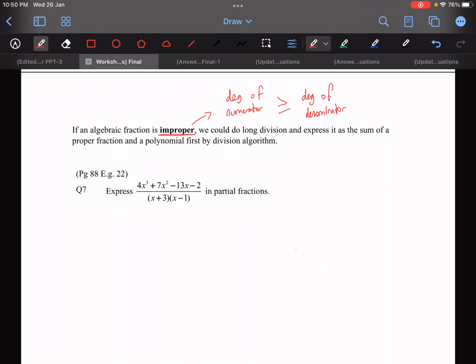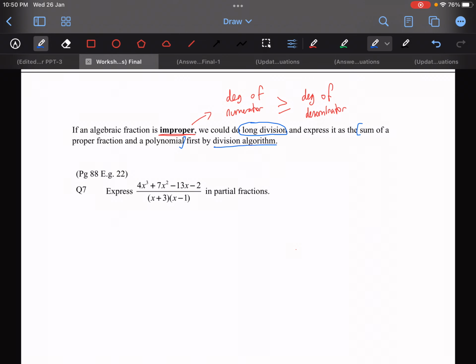So what happens when it's an improper algebraic fraction? We actually need to do long division first and then express it as a sum of a proper fraction and a polynomial by the division algorithm.